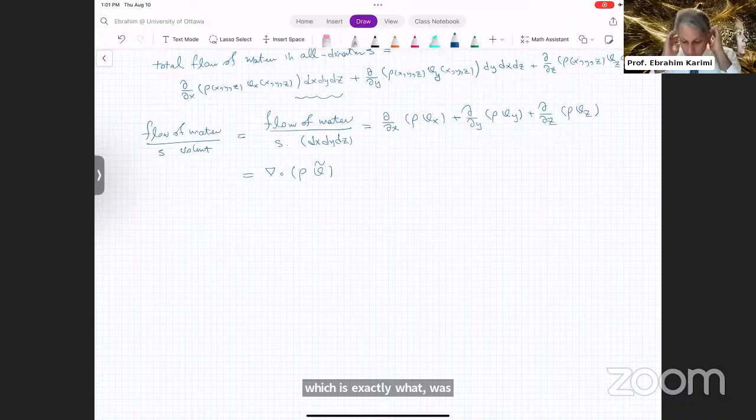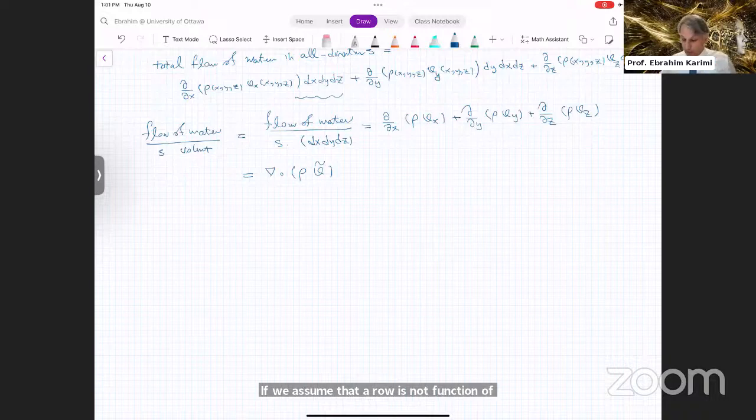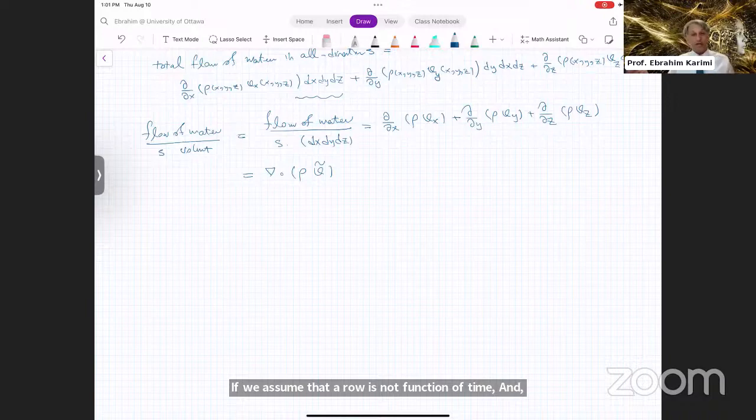If we assume that rho is not a function of time, and velocity also is not a function of time, then definitely the divergence of rho v is equal to 0. So this is what we were expecting, and this is what we call the continuity equation.